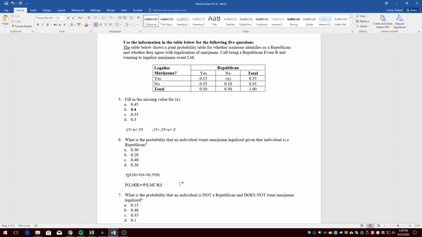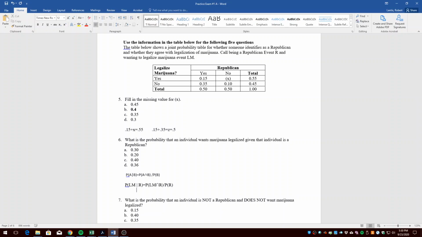We then would divide by whatever we're conditioning on, which is on the right-hand side of this vertical line. So we're conditioning on the fact that they are Republican. Okay.